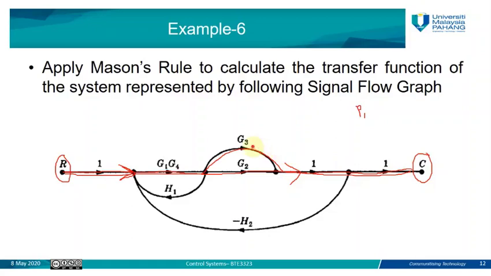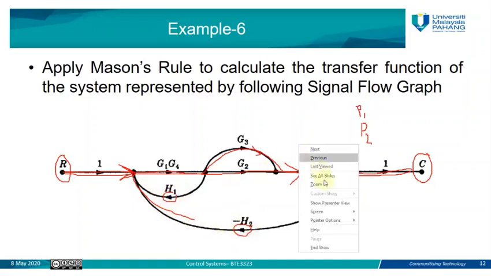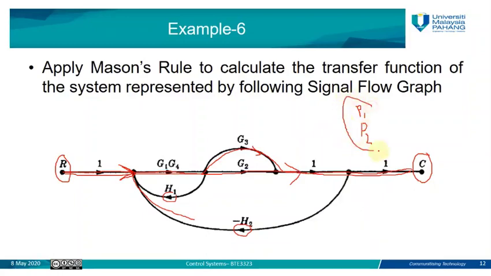We call this the second forward path, T2. Someone may say this is also a forward path, but no, it is not, because the arrow direction here is backward. So we have two forward paths, which means the value of k here is equal to 2.